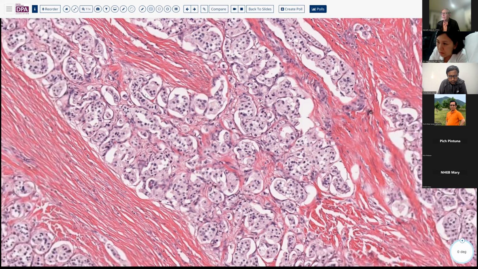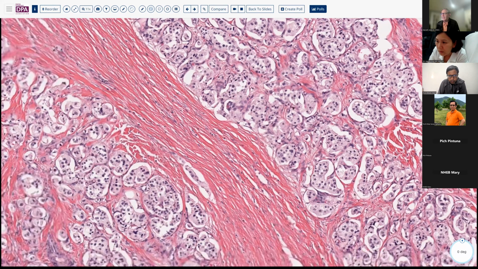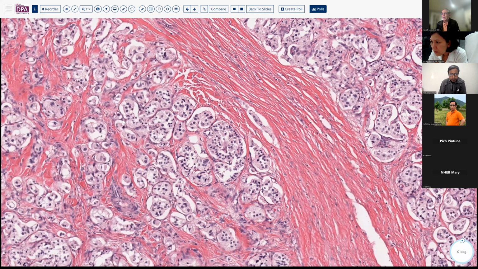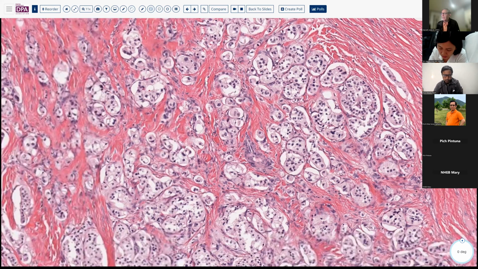The tumor is in sort of little balls and nests. And so it could be a paraganglioma with a Zellballen type of appearance. You might consider that the way these are nested, and might have a little S100 positive sustentacular cells around them.